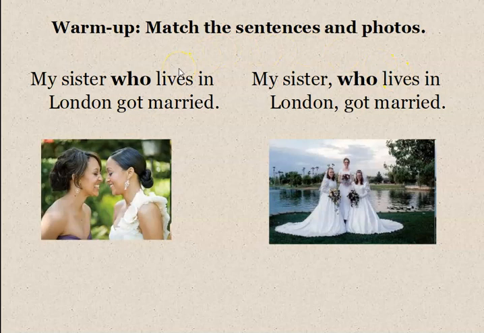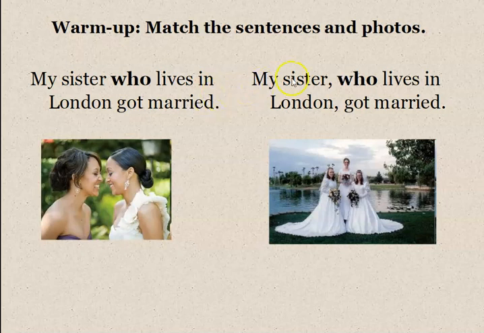Okay, let's get back to the first example. My sister who lives in London, as opposed to my sister who lives in New York, got married. So, in the first example, I basically have two sisters, right? So, we can match this photo and this sentence. My sister who lives in London got married, but my sister who lives in New York is still single, for example.